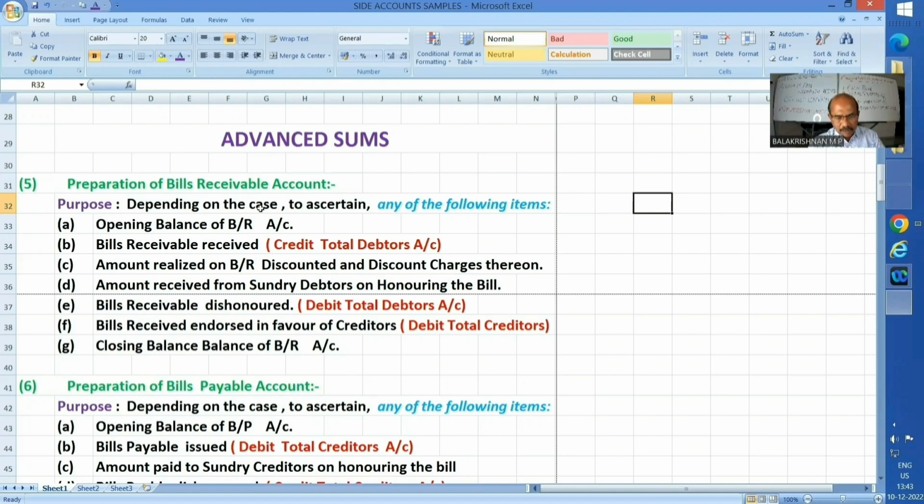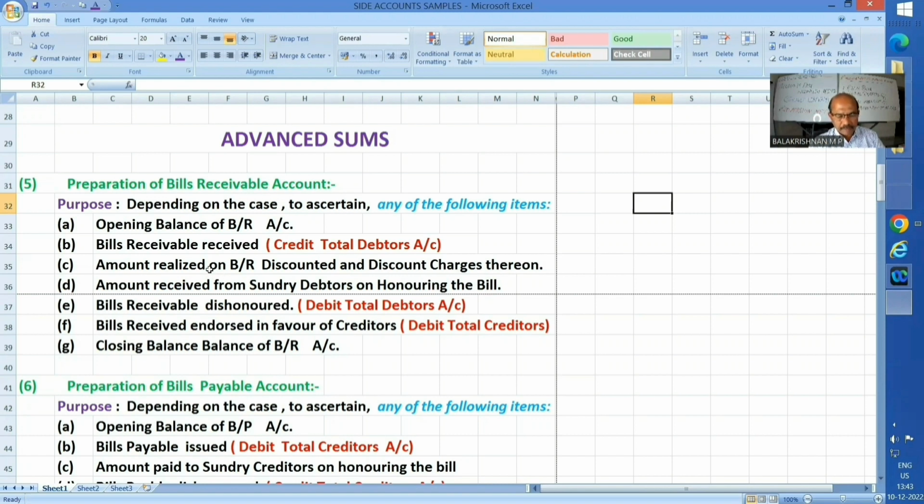Well, preparation of bills receivable account. Purpose: depending on the case, to ascertain any of the following items: opening balance of bills receivable account, bills receivable received, because the journal entry will be BR to total debtors account. Amount realized on bills receivable discounted and discount charges thereon.